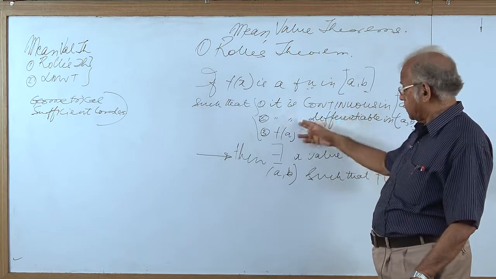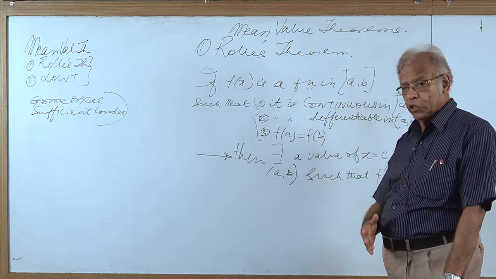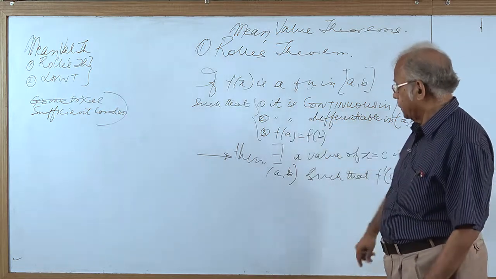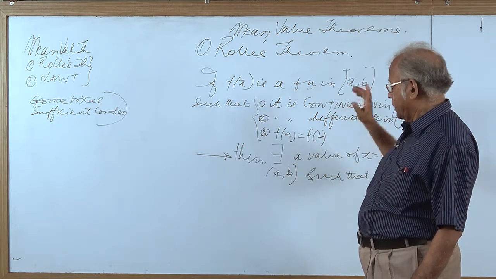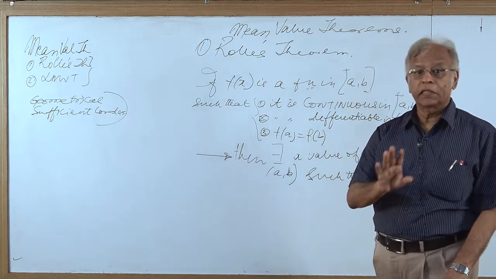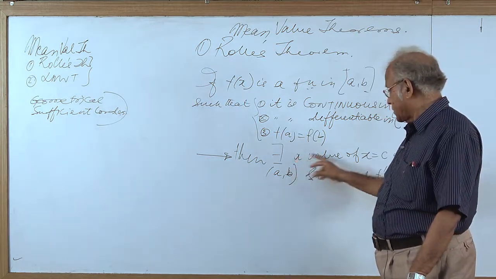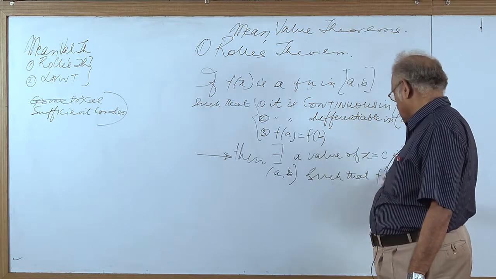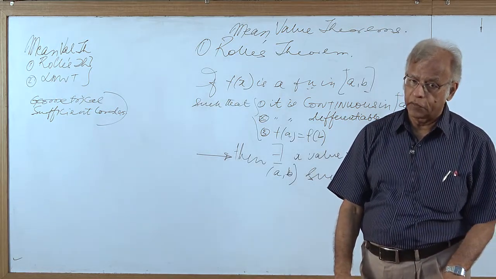If it is differentiable in the closed interval, no harm, but the requirement is that differentiability should be only for the open interval. And the third condition is f(a) equal to f(b). Then there exists a value of x equal to c such that f dash c is equal to 0, and this c is entirely within the open interval.